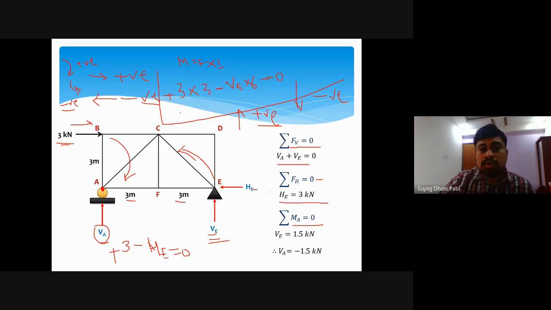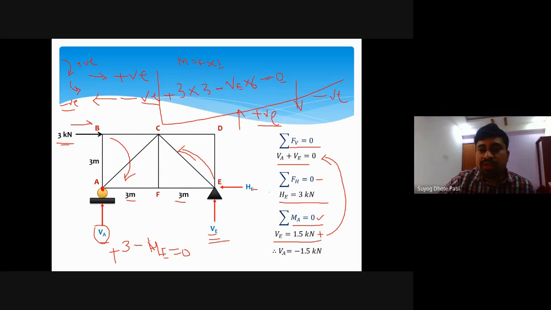Okay. So this is the final equation which is equating to 0. We have taken the summation of moments about A equal to 0. On simplification we have VE equal to 1.5 kilonewton. After simplification, we have this value VE equal to 1.5 kilonewton. This is a positive value. Now substitute this value in this equation.